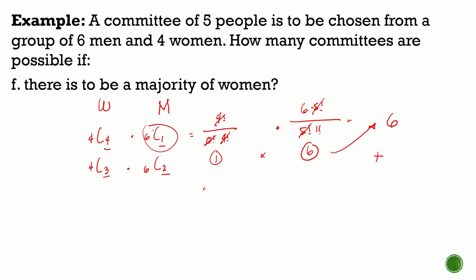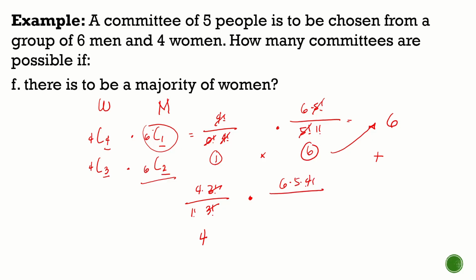Second one is 4 factorial all over 4 minus 3 is 1 factorial, and then 3 factorial. So we can actually have 4 times 3 factorial and cancel that. So this is equal to 4, right? Times, we're answering this time, the 6 taken 2 at a time. 6 times 5 times 4 factorial.